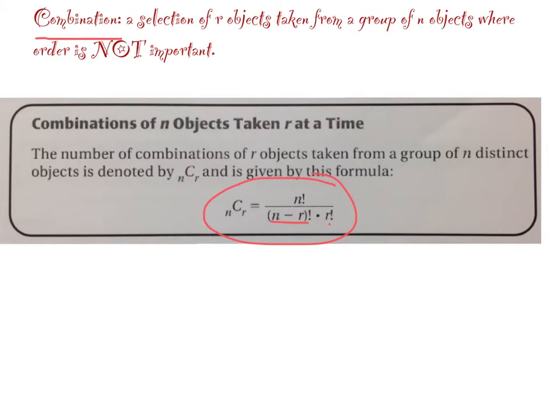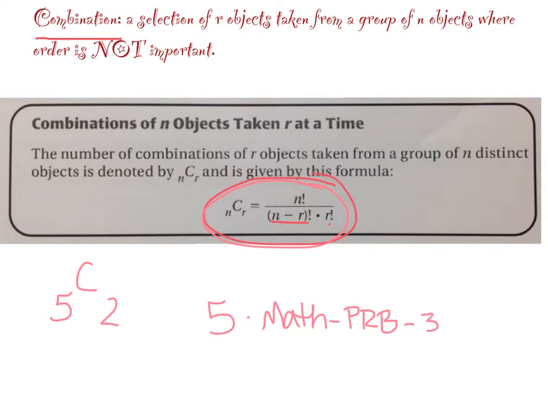I also want to let you guys know that you can do this in the calculator, but you do need to have this formula memorized. But if you wanted to do NCR in the calculator, you're going to type in whatever number your N is. Say we were doing 5C2. Then you would hit 5, and then you go math, and then choose the PRB, the probability option, and then I think it's number 3, NCR.